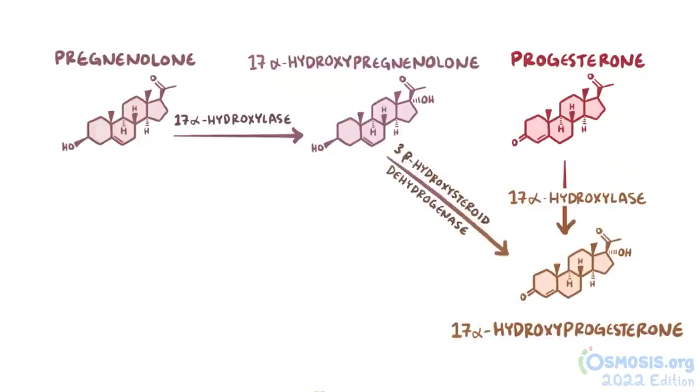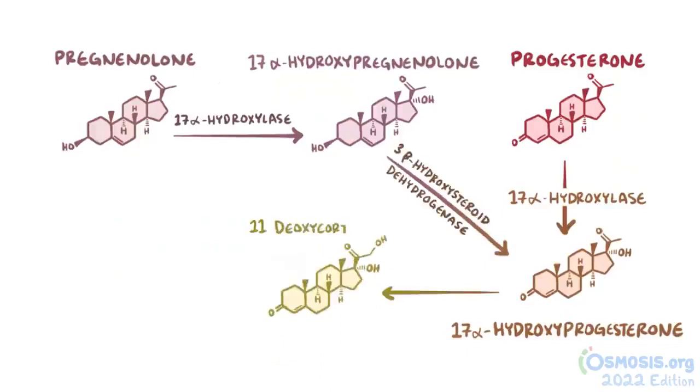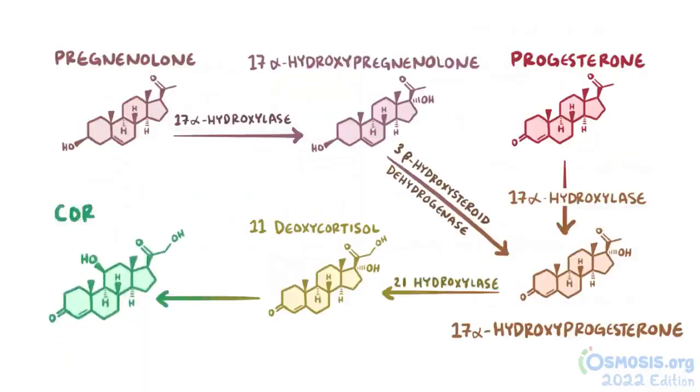Then all of the 17-hydroxyprogesterone is turned into 11-deoxycortisol by the enzyme 21-hydroxylase. 11-deoxycortisol is finally turned into cortisol by the enzyme 11-beta-hydroxylase.